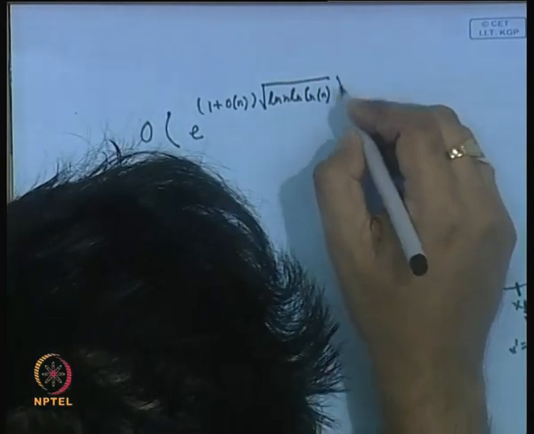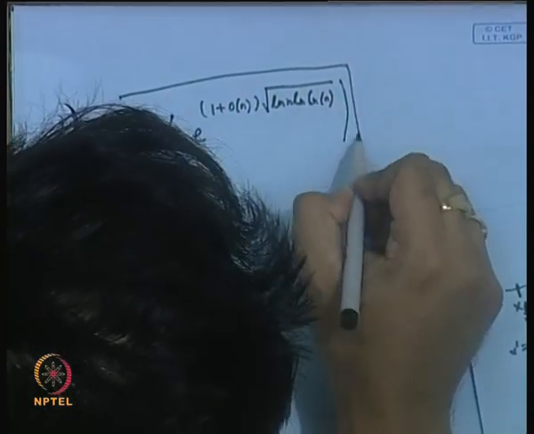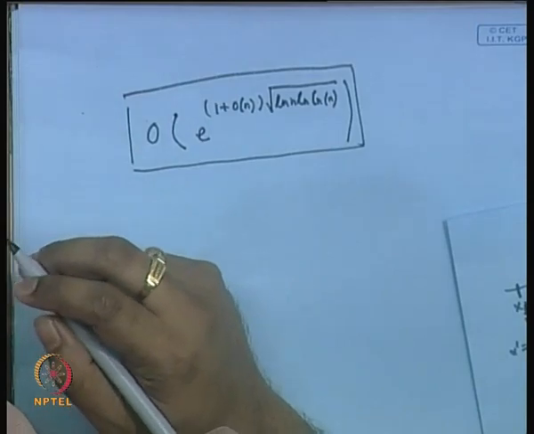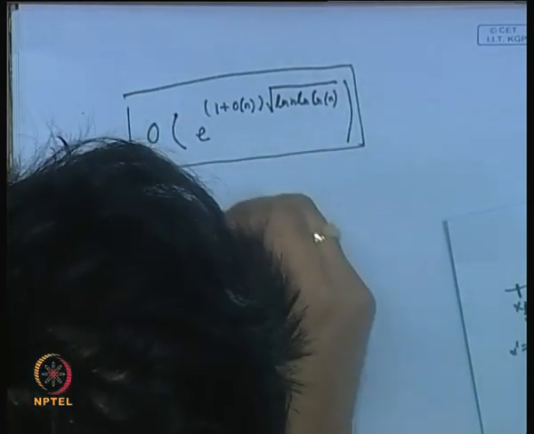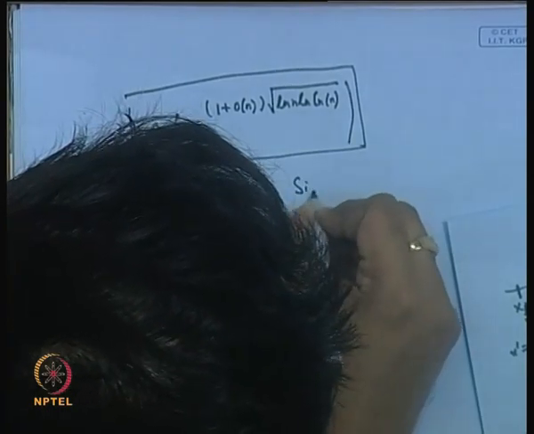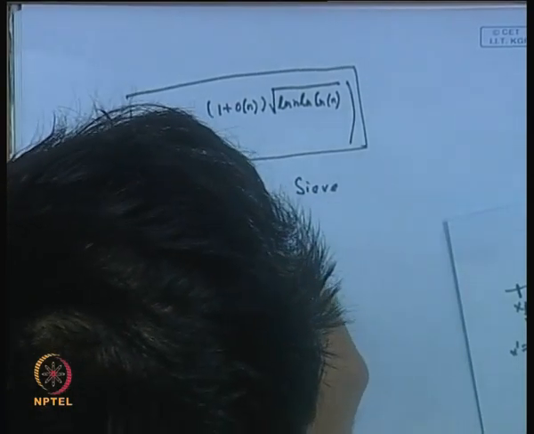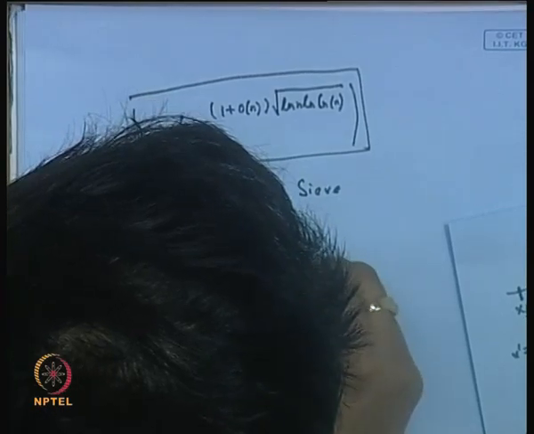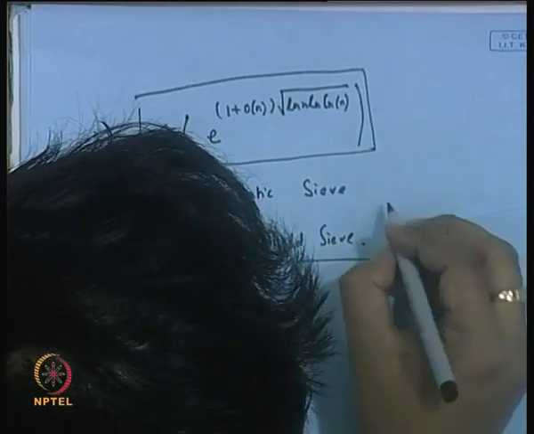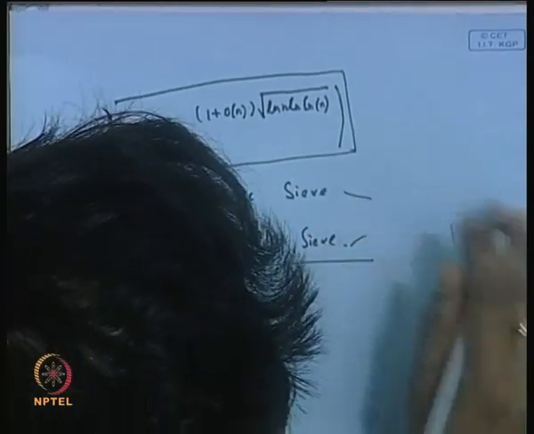I am not going into the proof, but you see this is actually a quite efficient algorithm. The quadratic sieve has been followed by something probably even more powerful, called the number field sieve. And there is also something called the elliptic curve sieve in between.